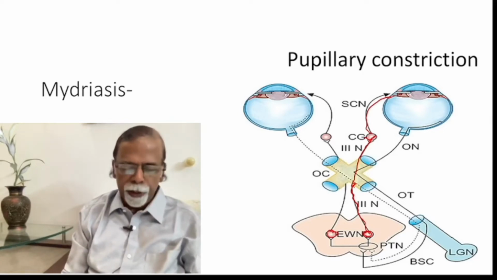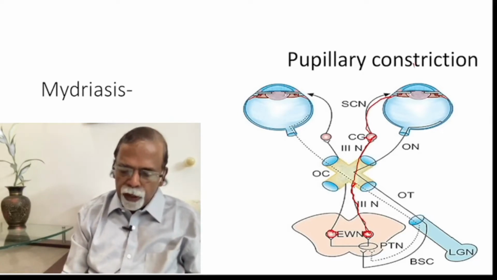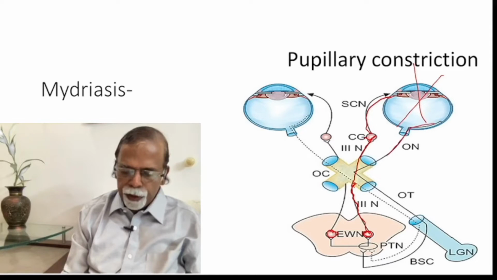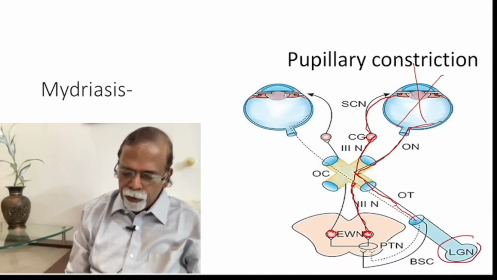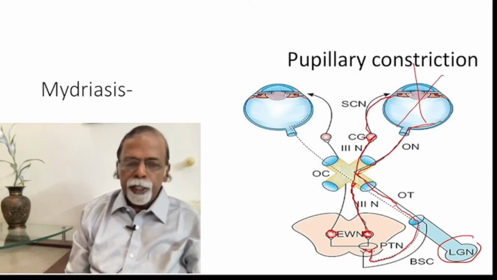Now, we look at the afferents. The afferent is the optic nerve. When the light falls on the retina, the signal comes through the optic nerve to the chiasm and optic tract, and before it reaches the lateral geniculate body, it does not go to the lateral geniculate body; it goes to the pretectal region and relays in the pretectal nucleus.